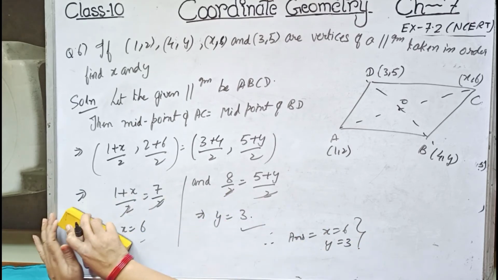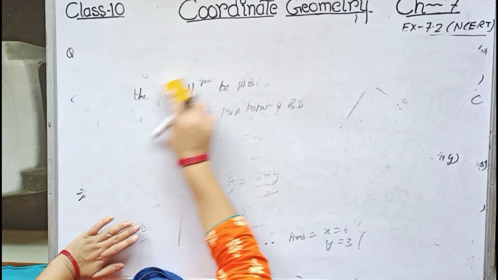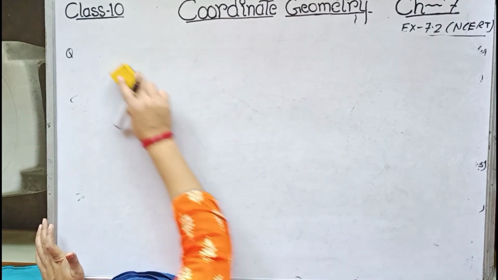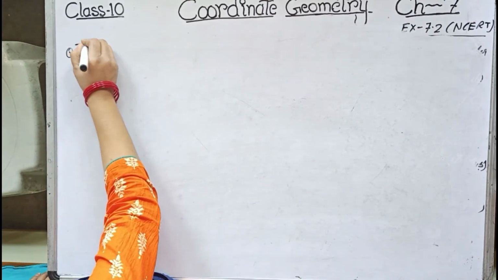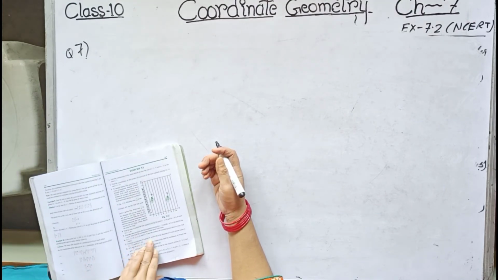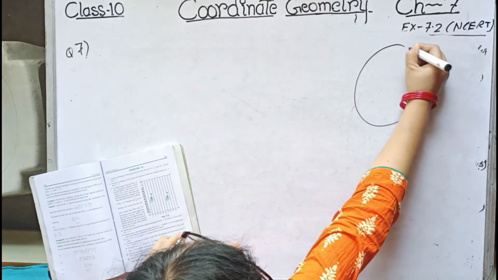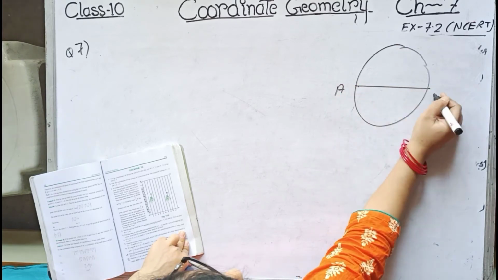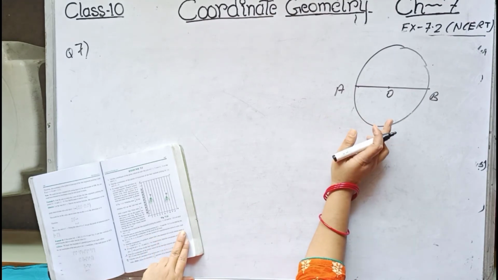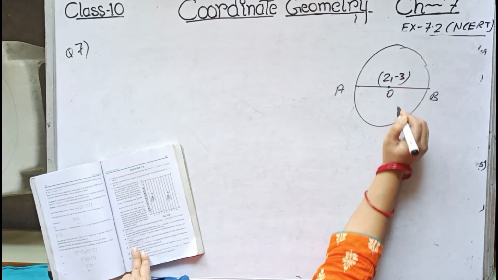Let us move to the next question, that is question number 7. Question number 7 says to find the coordinates of the point A where AB is the diameter of the circle whose center is (2, -3).